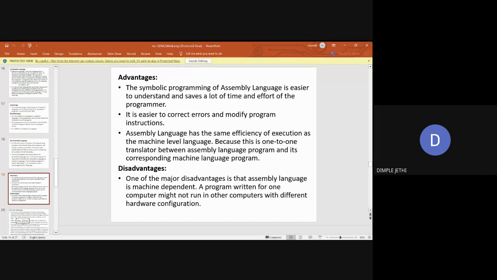Assembly language is machine dependent. So one program written for one computer cannot be run on computers with a different configuration. Is it clear, all of you, what is low level language?